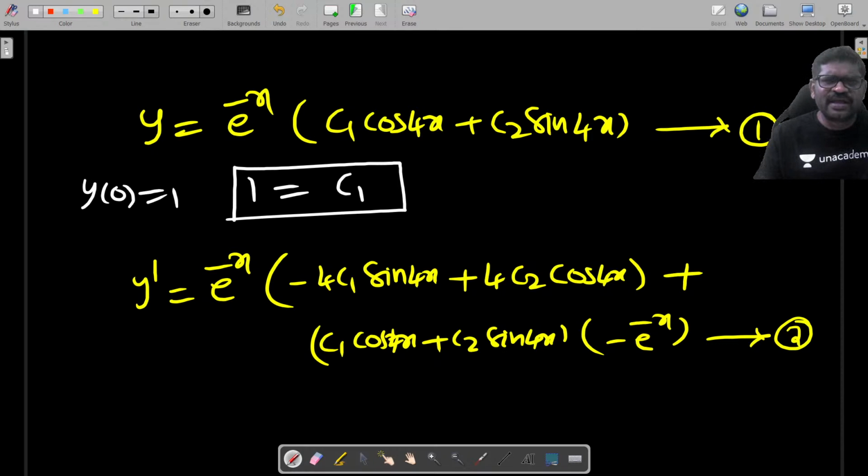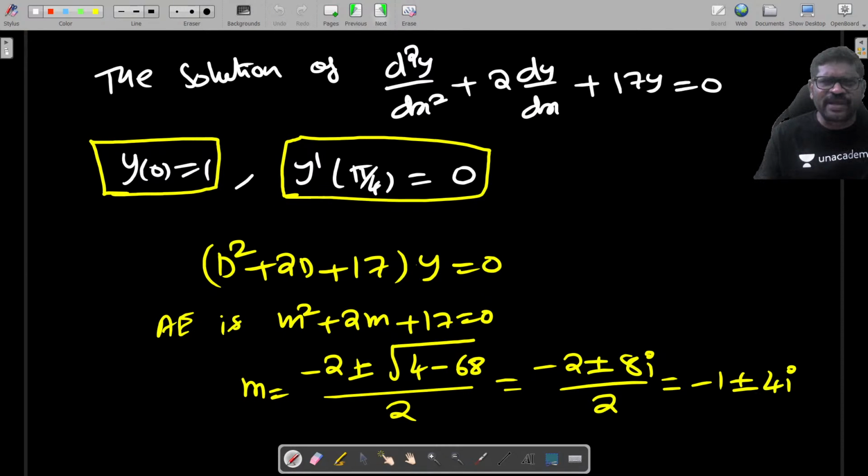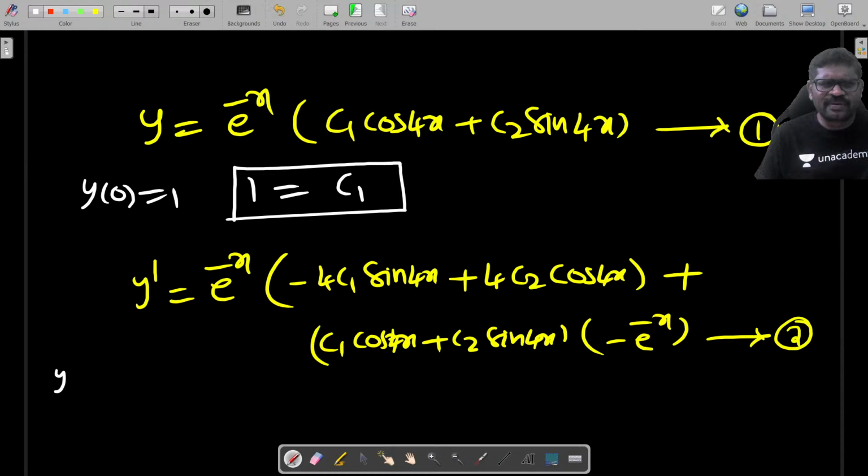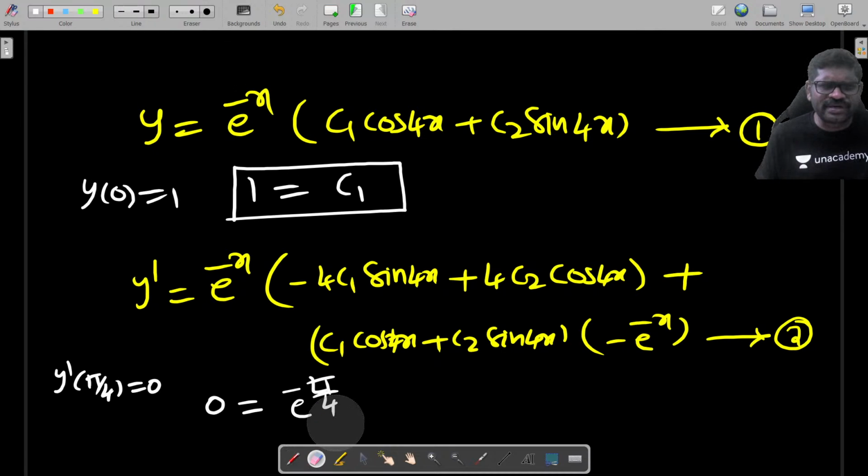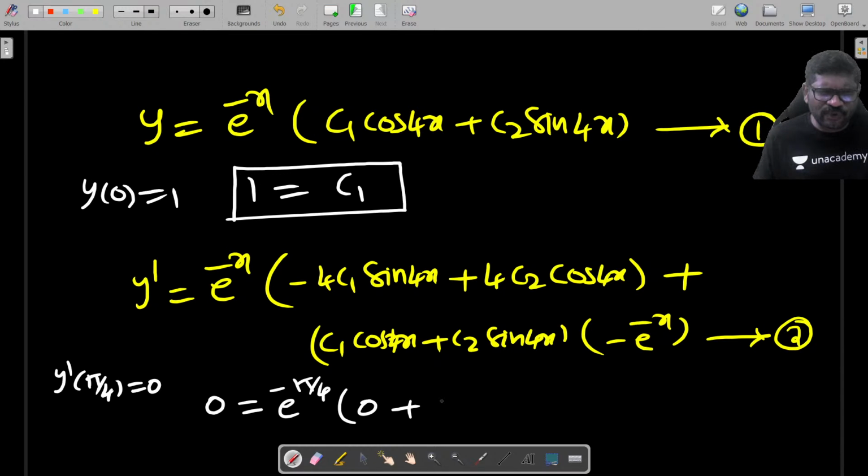Next, y dash of pi by 4 equal to 0. That implies 0 is equal to e power minus pi by 4 of minus sin pi into 4 sin pi, 0, plus 4c2 cos pi.